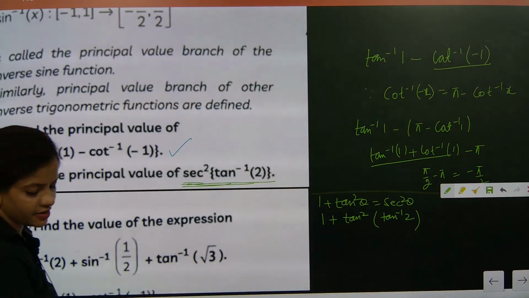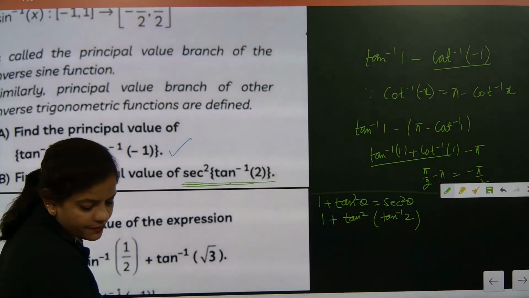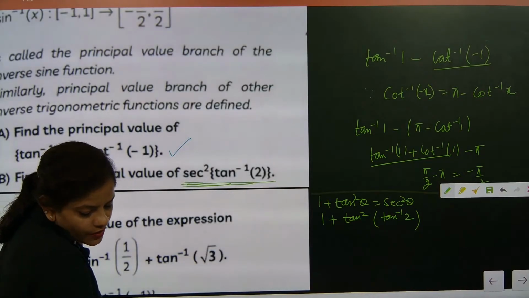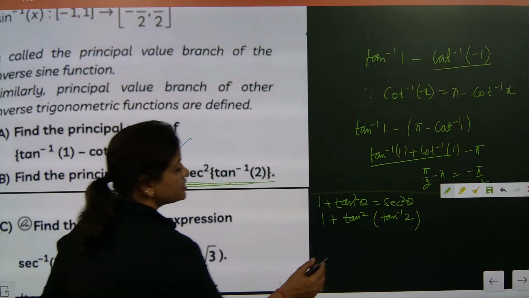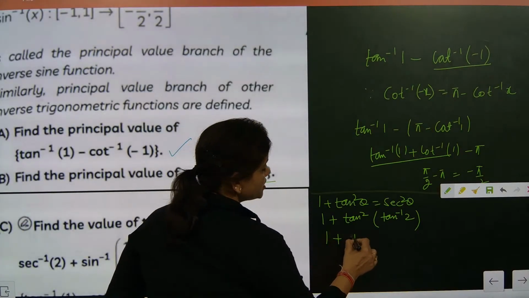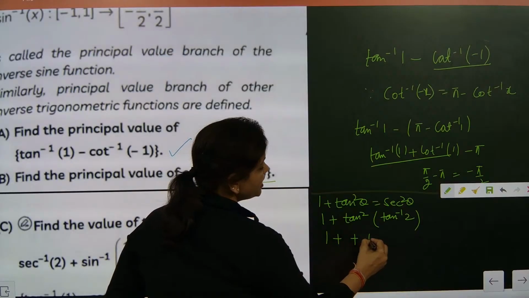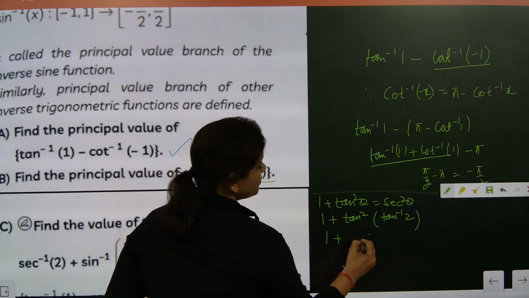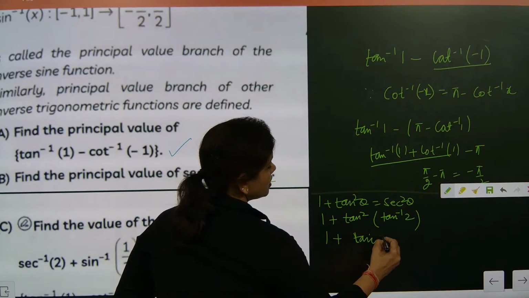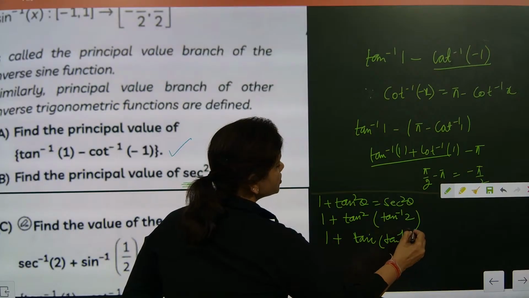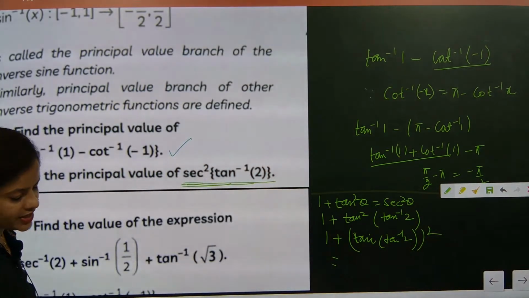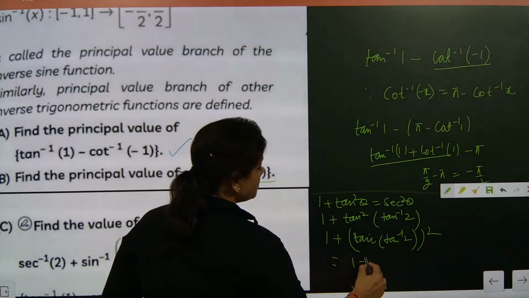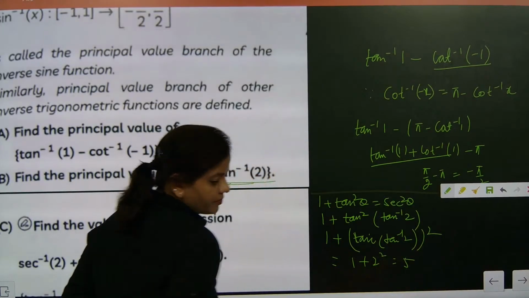We can do like that, because the theta part is written like that. 1 plus tan square of tan inverse 2. And we know one thing very nicely, beta, that it is 1 plus tan theta whole square. So here it will become 1 plus tan of tan inverse 2 whole square. Okay, tan and tan inverse will get cancelled. It will become 1 plus 2 square. So the answer will come as 5.